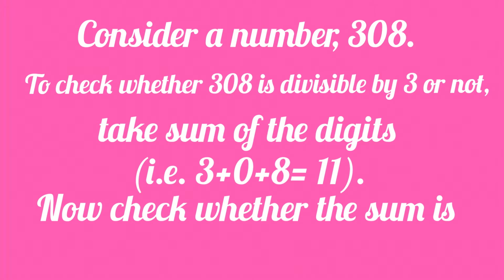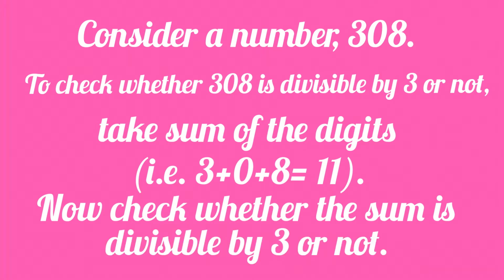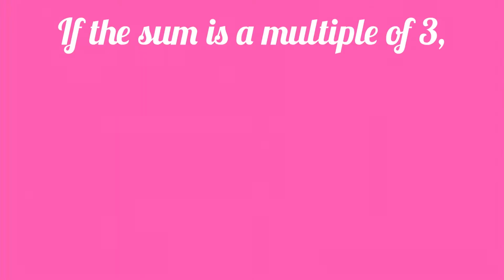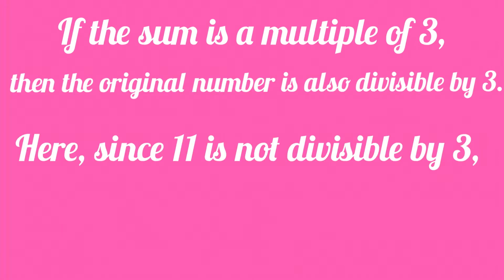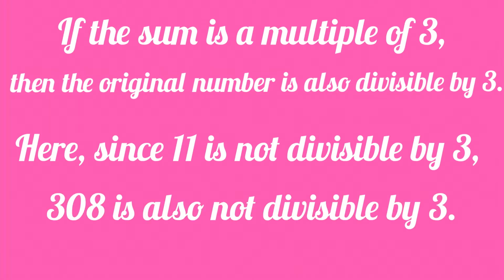Now check whether the sum is divisible by 3 or not. If the sum is a multiple of 3, then the original number is also divisible by 3. Here, since 11 is not divisible by 3, 308 is also not divisible by 3.